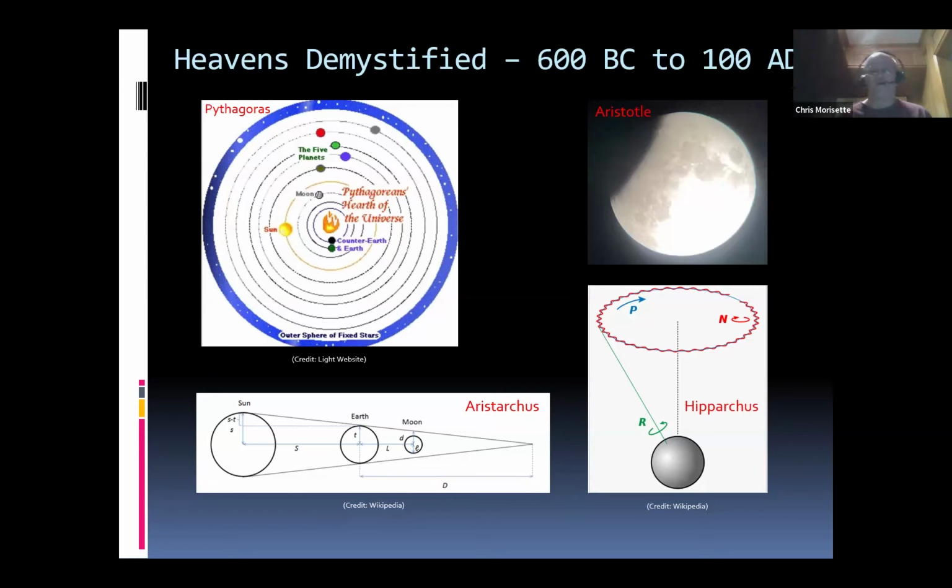On the next slide, I'll show you his measurements, and they're off, but he's going in the right direction, which I find to be pretty cool. And in addition, he had also invented a heliocentric or sun-centered model of the solar system. So he was way ahead of his time there.